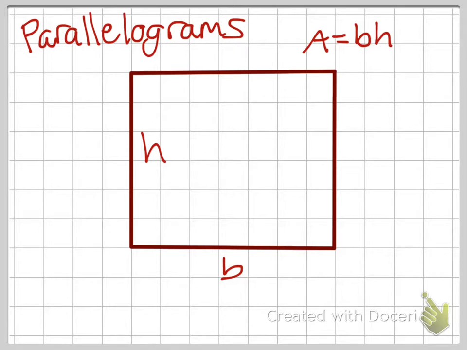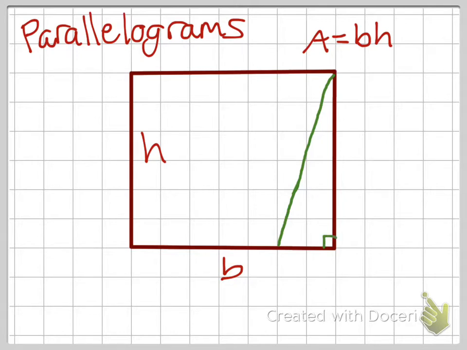If I wanted to make a parallelogram out of this, I'll use a different color so you can see what I'm doing. This is a quick way to make a parallelogram if you're ever curious. I can cut along this length here, which creates a right triangle that I'm removing.